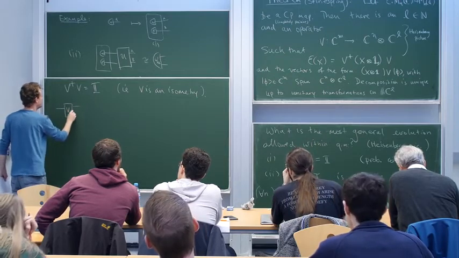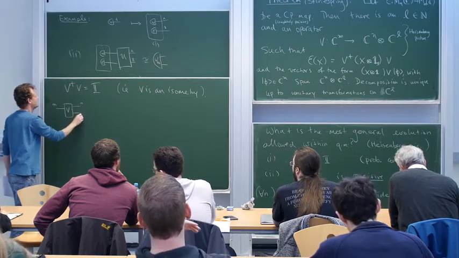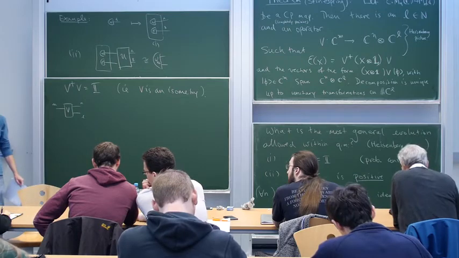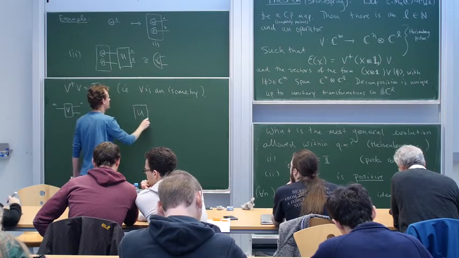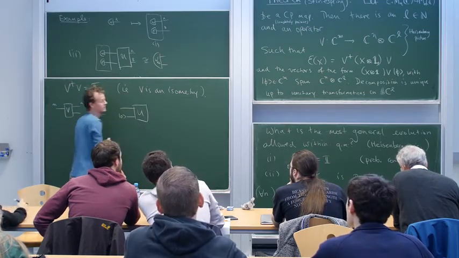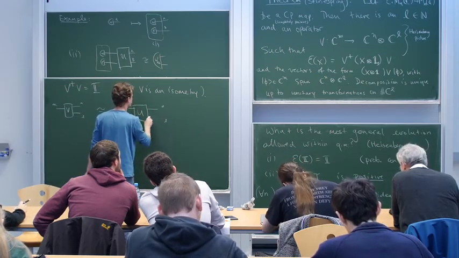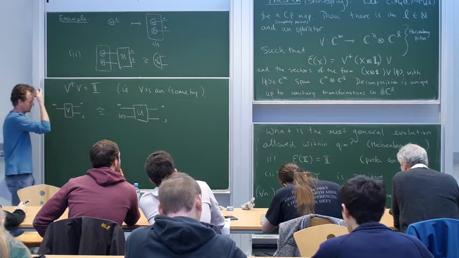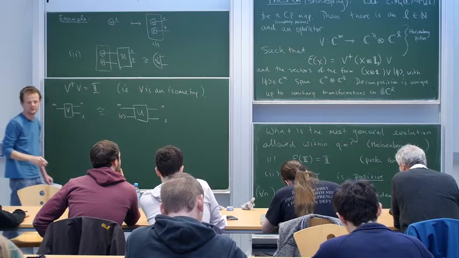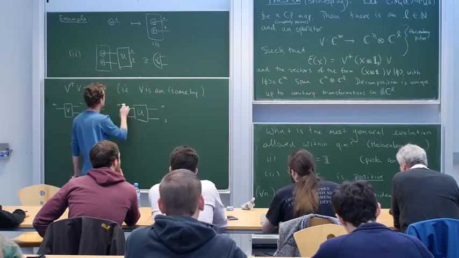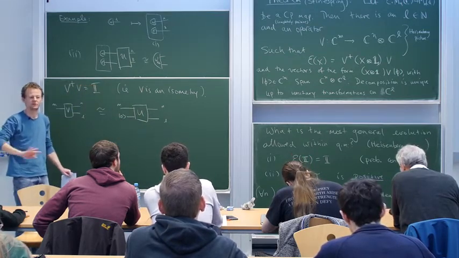So if you have some isometry V, V takes some m-dimensional vector to some n tensor L times L dimensional vector here, then you can always write that as a unitary, where you have some input state 0... actually, awkwardly, it's not quite always the case. If n times L doesn't equal m times the dimension of this space here, it doesn't work. I'm going to just sort of brush over this detail.